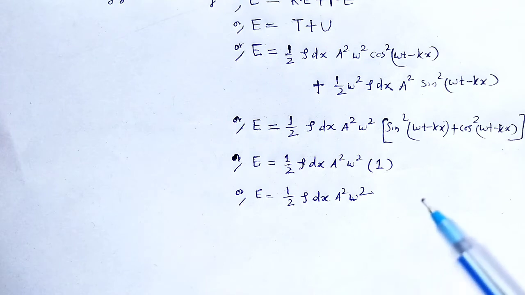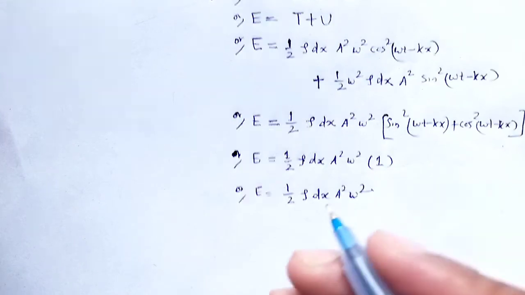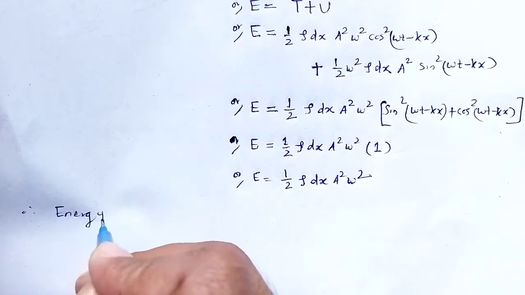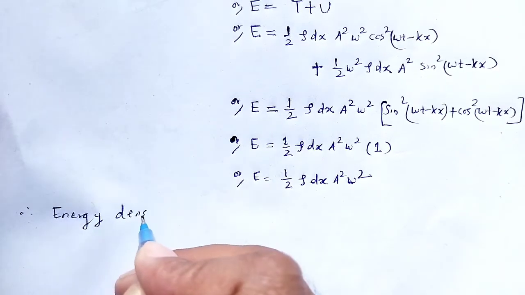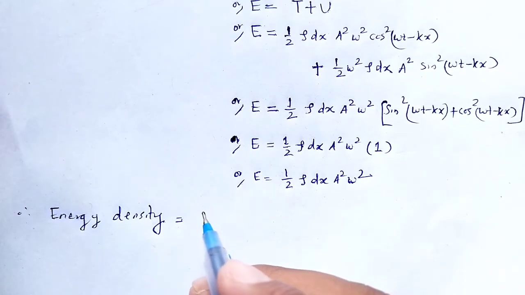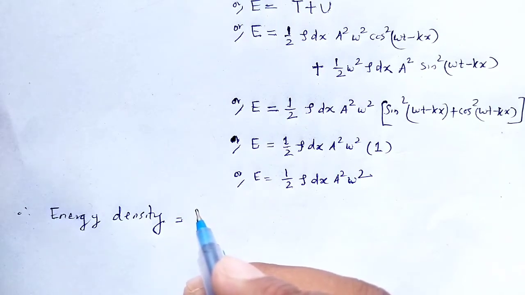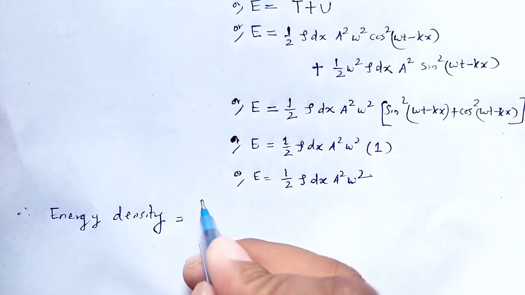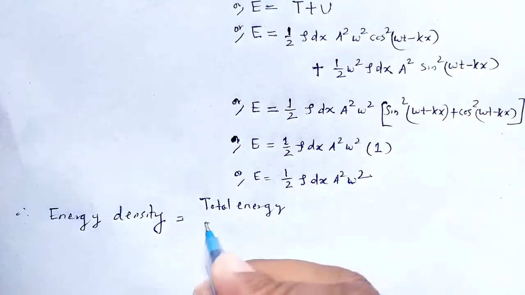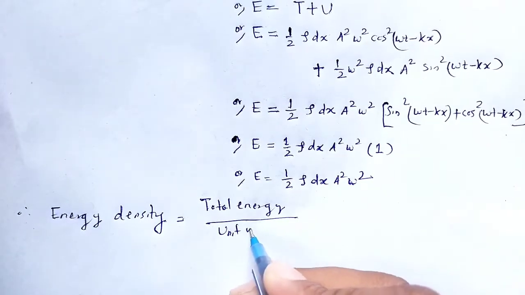Next, we calculate the energy density. Energy density is equal to total energy per unit volume.